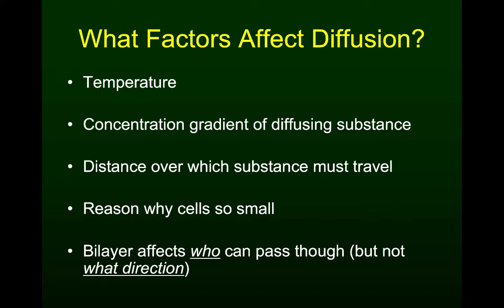The direction is based on concentration gradient. Wherever that concentration is higher, that place is going to lose particles. Wherever the concentration is lower, that side is going to gain particles. That's not something the membrane can deal with too much. All the membrane does is decide who gets to pass through and who doesn't. And so the direction those things are passing through and the rate at which those things are passing through is determined by concentrations rather than by the membrane itself.